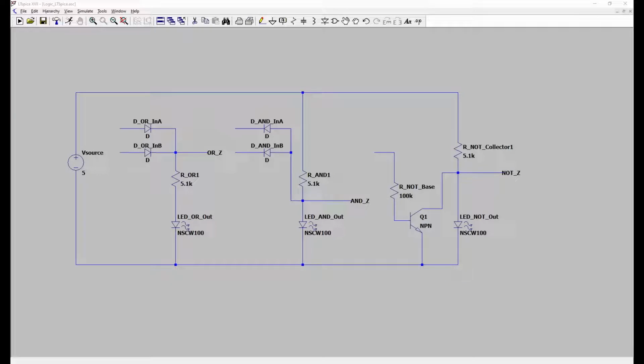Alright, let's do some initial tests. The first being whether or not it works. The second being what voltage we get out at the outputs based on what we connect the inputs to. So let's begin with OR. Oh no, let's do it all. So we'll initially connect everything to 0 volts.